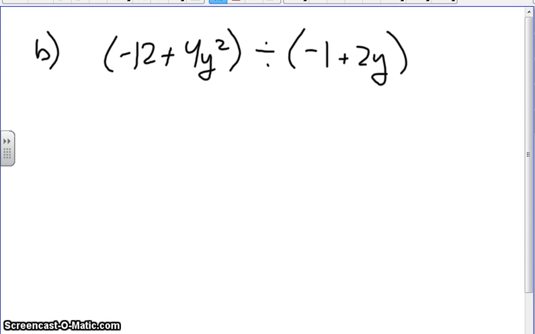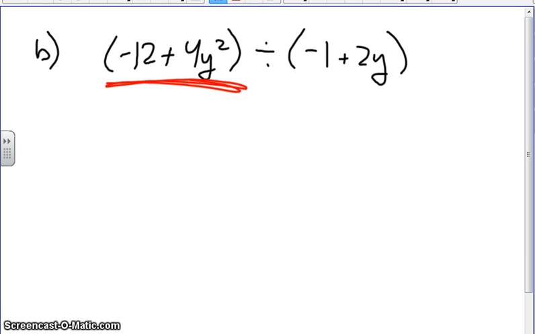This one looks a little bit different because we have a binomial divided by a binomial. And the first binomial, what's the degree of this binomial here? Second degree. So what kind of an equation would that be if it was set equal to y? If y equals negative 12 plus 4y squared, that's what type?